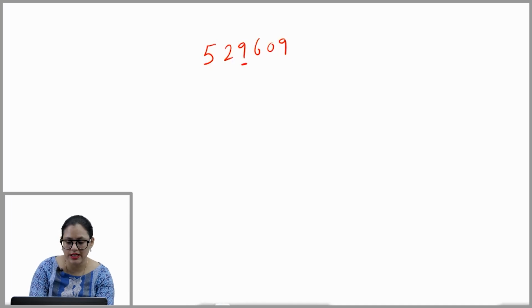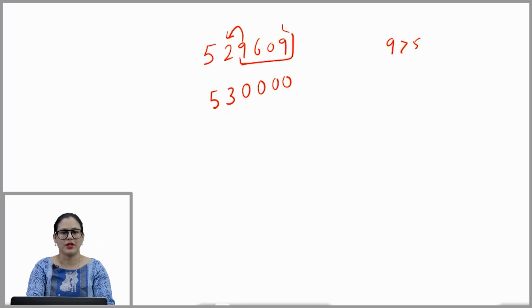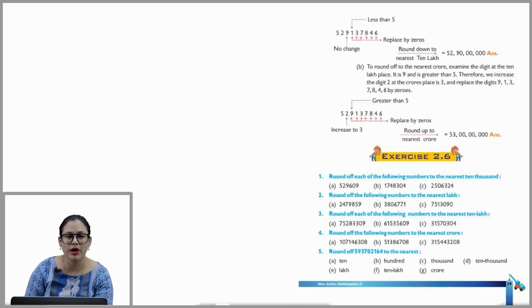This 9 is greater than 5. So what will we do? We will add 1 to the digit, so it will become 3 and 5 will remain 5, and we'll put 4 zeros in place of these digits, that is 0, 0, 0, 0. Right?